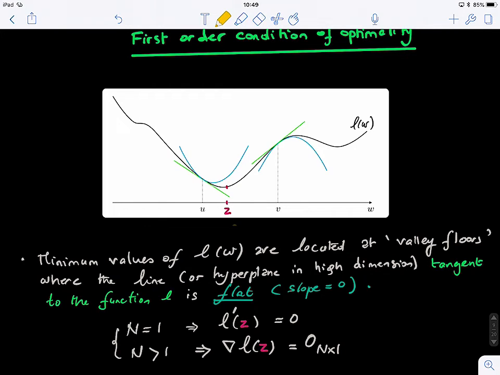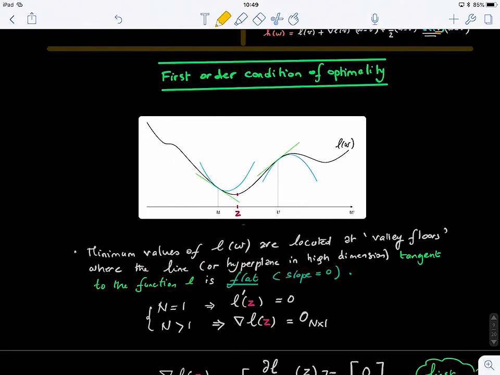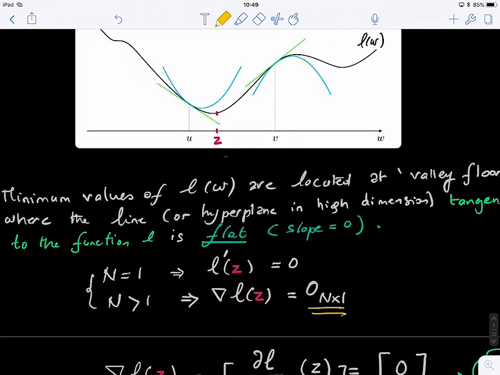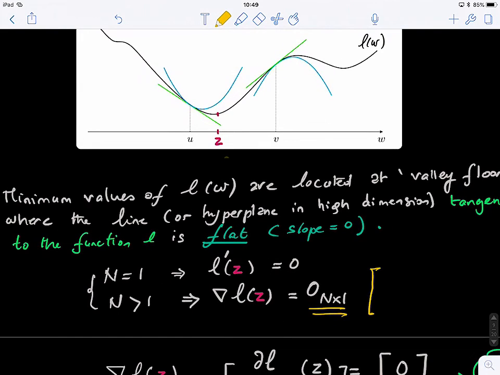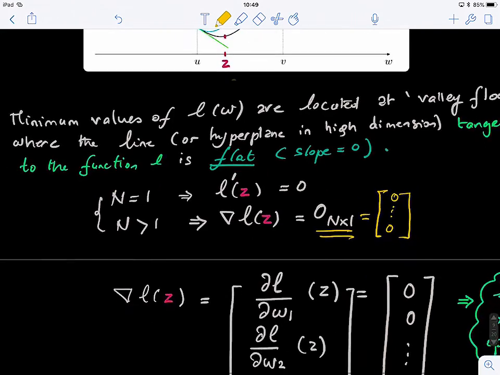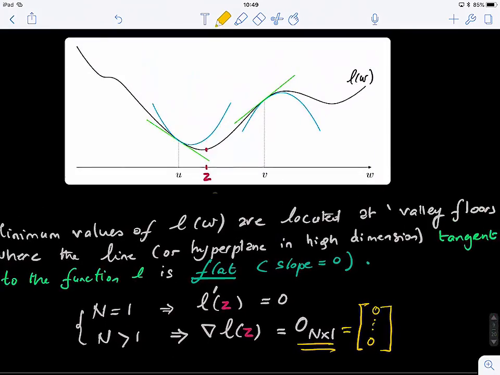So we have a 0 vector, okay? Your gradient here is a vector, right? So all those elements should be equal to 0. You compute the partial derivative with respect to the first direction, second, up to the nth direction, and then you're going to have 0. Now, is this enough to find our minimum?